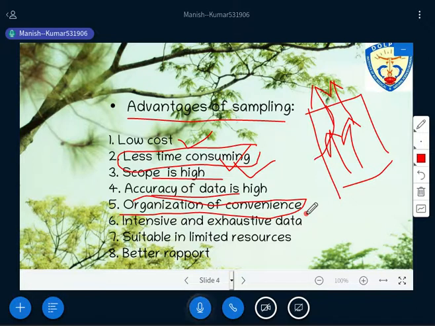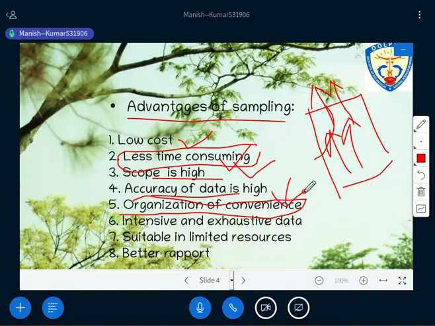Have you got that? So if any organization is going to deal with the sampling process, the organization will always be in a comfortable position. So that is organization of convenience. Convenience means comfortable execution of any work you are doing, where no hectic schedule is involved and no extra effort is required.